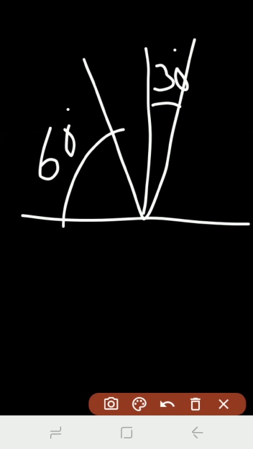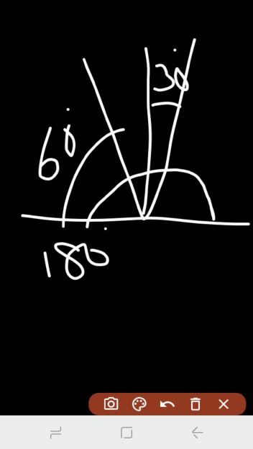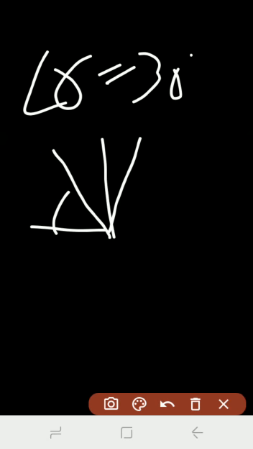Now we know that the whole straight line measures 180 degrees. So let us find it out. We have to find the angle of incidence and this angle also. Angle of reflection was 30 degrees, and this angle was 60 degrees, and this was the plane.